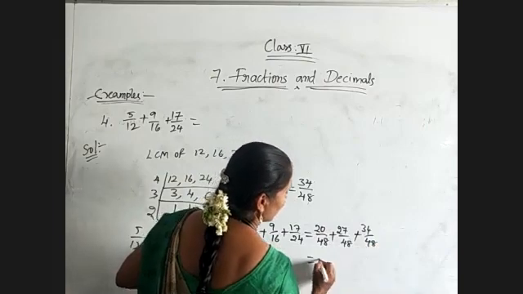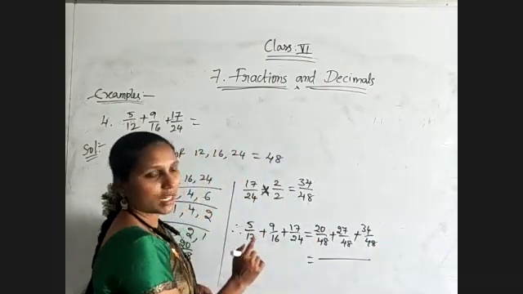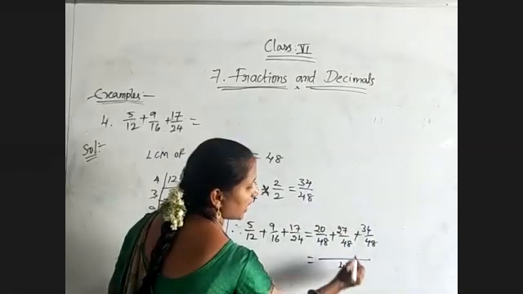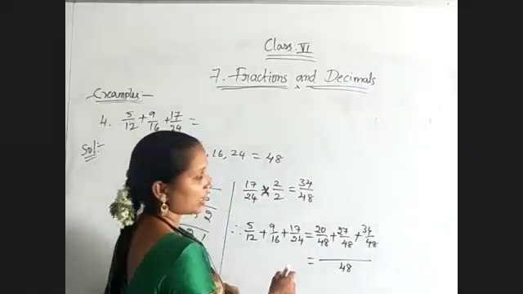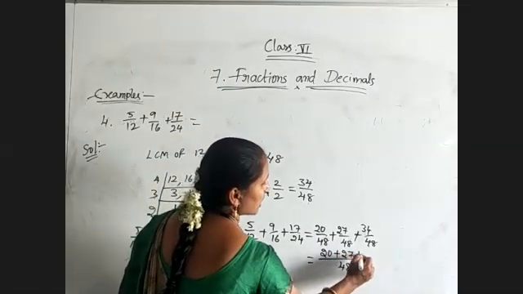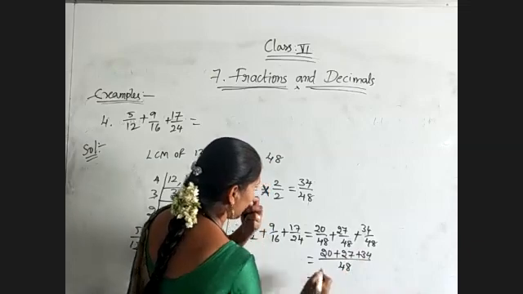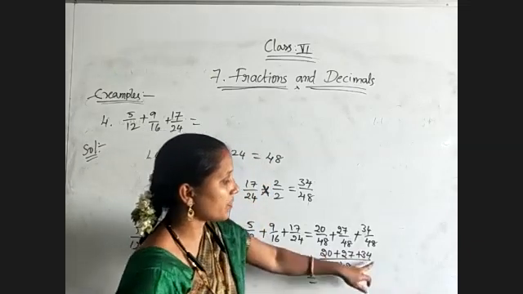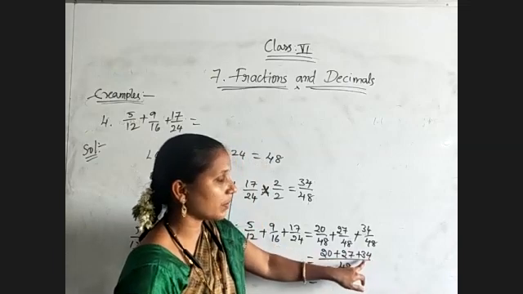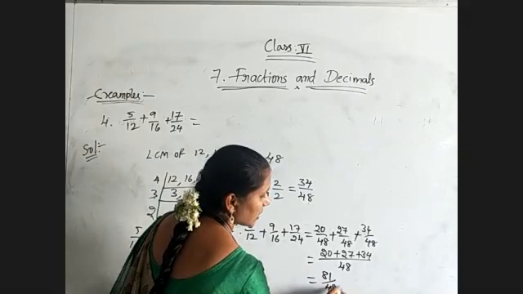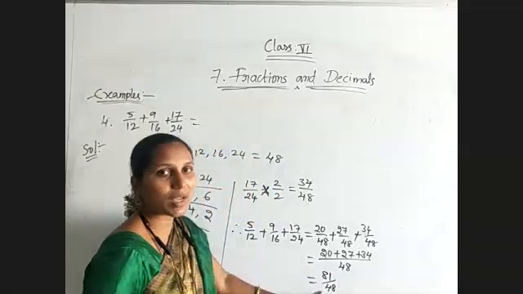All are like fractions, so the sum of the numerators over the common denominator, that is 48, and the numerator is 20 plus 27 plus 34, which is 20 plus 27 is 47, 47 plus 4 we will get 51, 51 plus 30 is nothing but 81. 81 by 48. So here cancellation is possible.